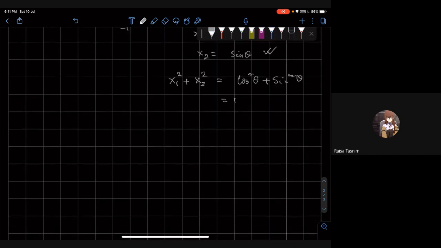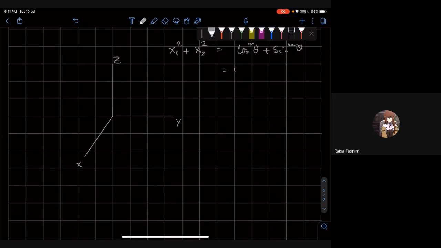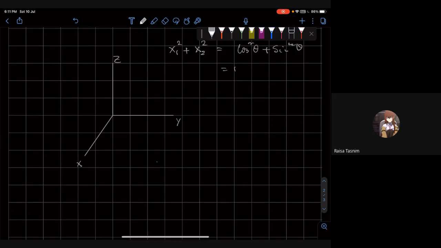So now, if I do the same thing, but I do it in 3 dimensions, say this is x, this is y, and this is z. And then suppose we are looking at an equation which is x squared plus y squared plus z squared equals 1.